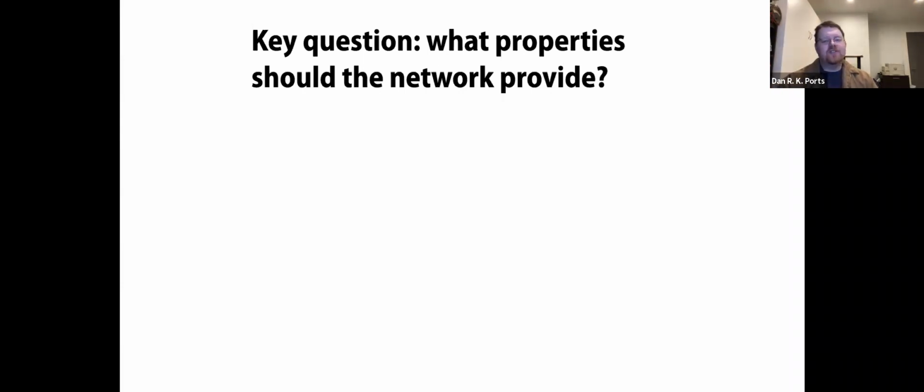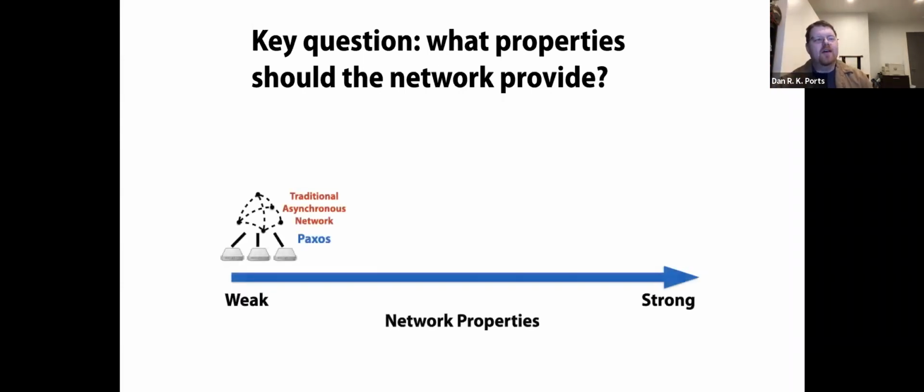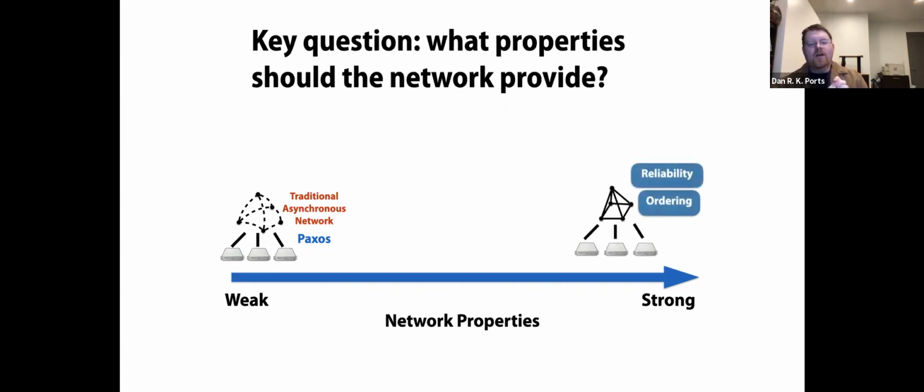So we could think about this as a spectrum of network guarantees. At one extreme, we've got the weak asynchronous model, where the network doesn't do anything for us, and we have to use an algorithm like Paxos in order to provide ordering and reliability. At the other extreme, you could imagine that we could try to build a network that guaranteed that all messages were always delivered, and that all messages were always delivered in a total order.